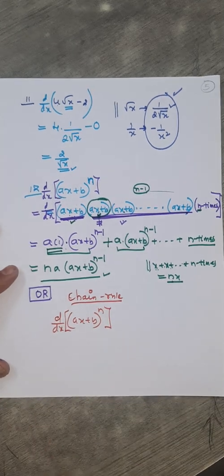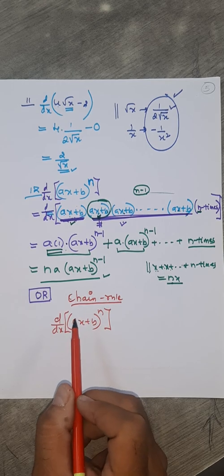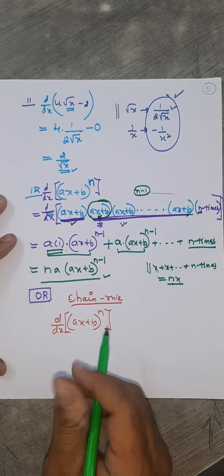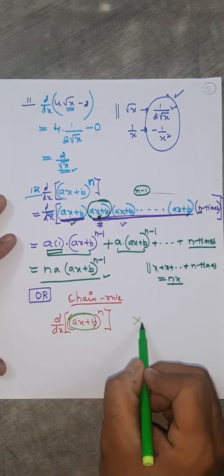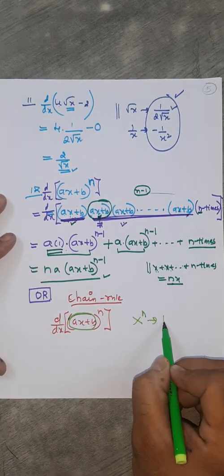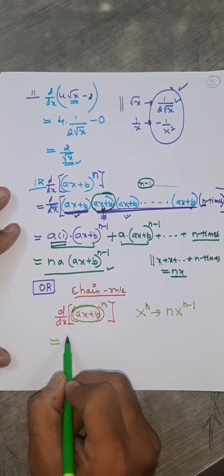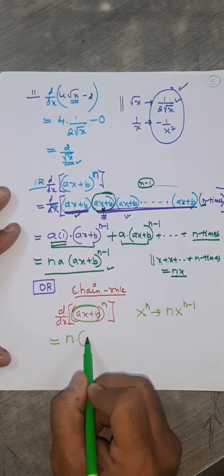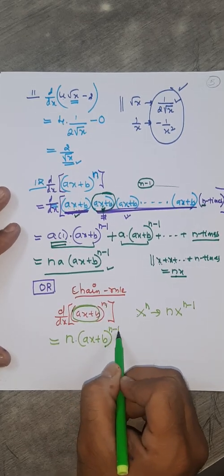What we do in the chain rule, we imagine this bracket as like x. Consider this bracket as x. So this looks like x raised to n. What is the derivative of x raised to n? That is n into x raised to n minus 1. You are not going to write x, you are going to copy the same expression, (ax + b), one less power.